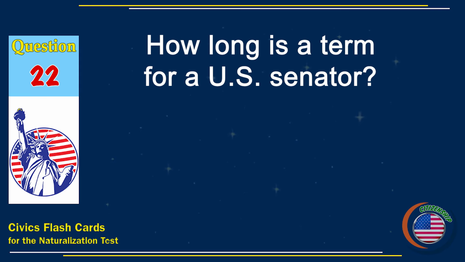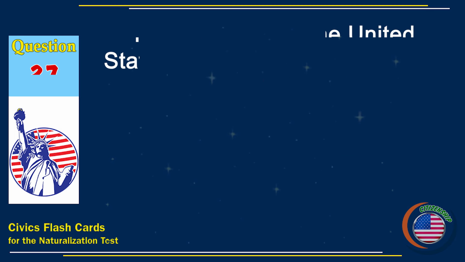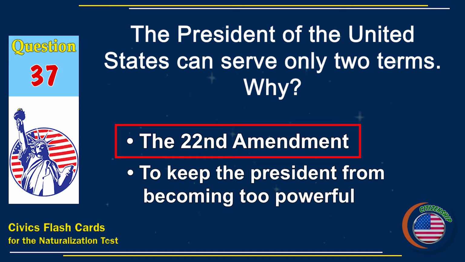How long is a term for a U.S. Senator? 6 years. The President of the United States can serve only 2 terms. Why? The 22nd Amendment.